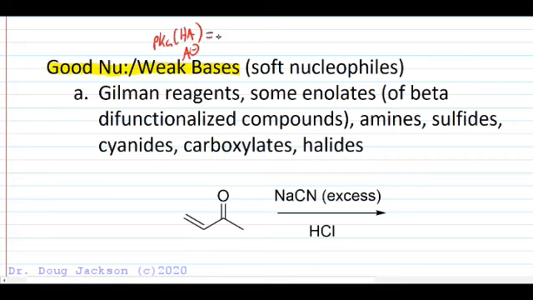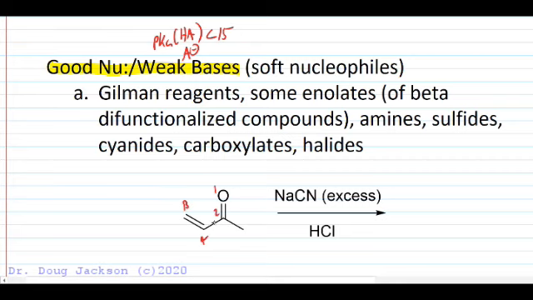And we want that pKa to be less than 15, more acidic than an acid with a pKa of 15, in order to reduce the conjugate base strength to a point where it's not going to be seeking that 1,2 position as strongly. So a weaker base goes for the less polar position. That's the soft nucleophile, which prefers the softer charge position of the alpha beta system that we have here.